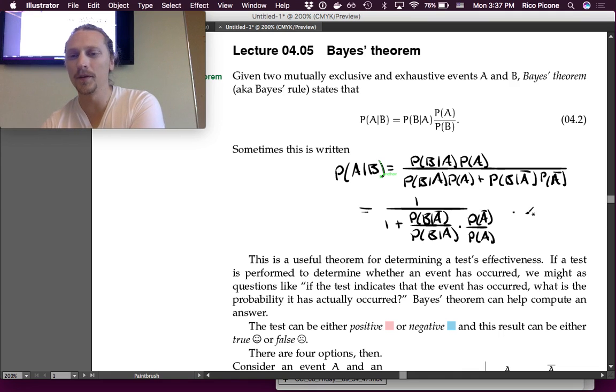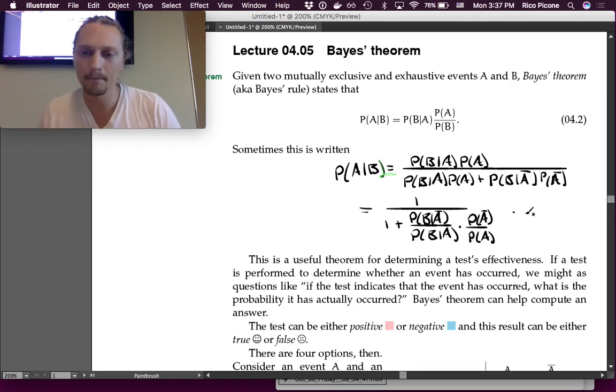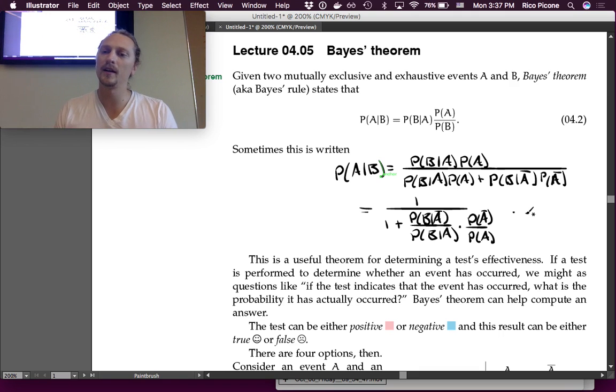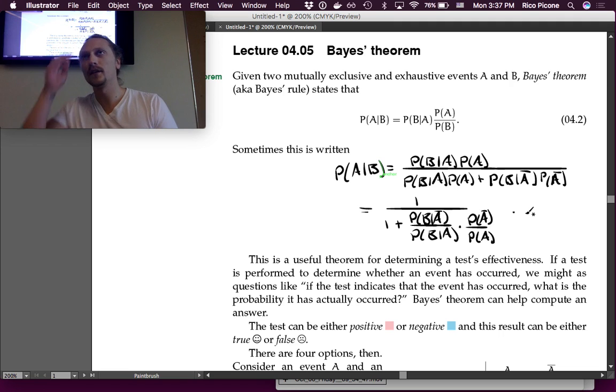This is a useful theorem for determining a test's effectiveness. If a test is performed to determine whether an event has occurred, we might ask questions like, if a test indicates that the event has occurred, what is the probability it has actually occurred? This comes up a lot in manufacturing environments. You test a certain number of parts, and you know a certain number of those parts are defective.